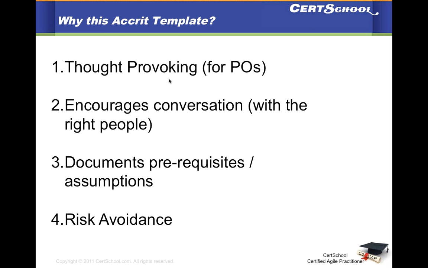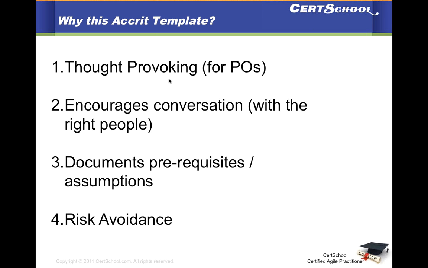So the product owner, or the author of the user story, is forced to communicate with the right people, with the right personas, as they call them in Agile, especially customers. This is again another part where Agile is engaging the customer in every aspect, in different phases of the project life cycle. So it encourages conversation with the right people.